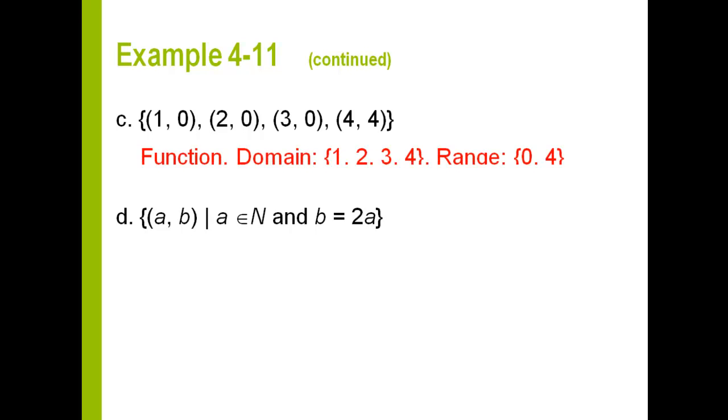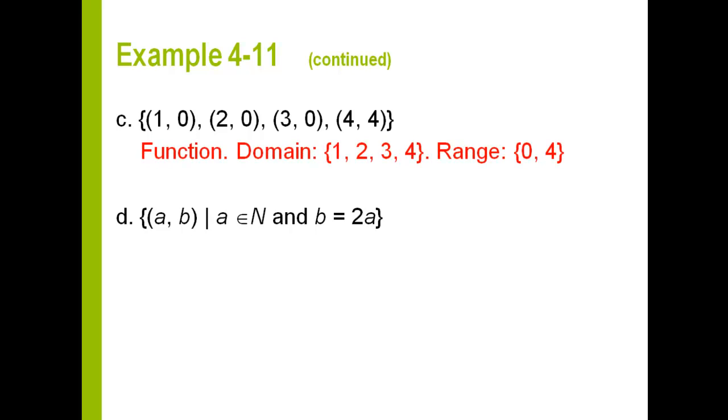So letter C, that is a function. The domain is 1, 2, 3, and 4. And notice the range is just 0 and 4. 0 is the output when the input is 1, 2, or 3, but we don't write it 3 times. We just write it once.